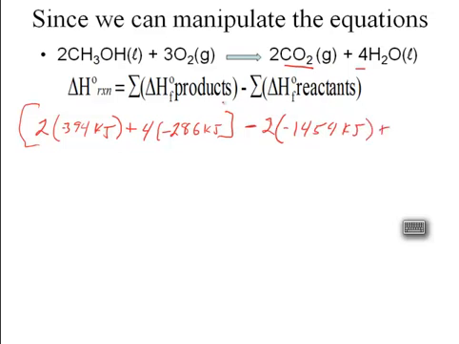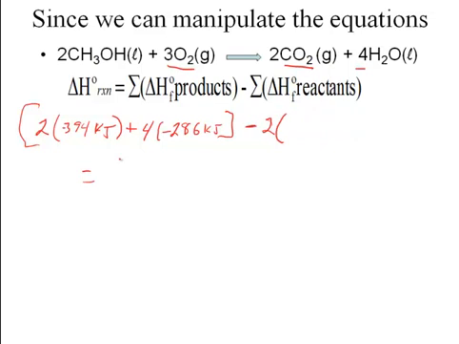Plus whatever oxygen is, right? But what about oxygen? If you look at the table, you'll notice that the heat of formation for an element is 0. So that value is 0. So when I do all my little math and I calculate it out, and that equals... Oh, you know what? I'm sorry. I made a mistake here. Some of you are probably screaming at the screen going, where am I getting this number?